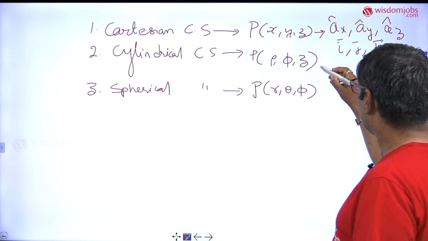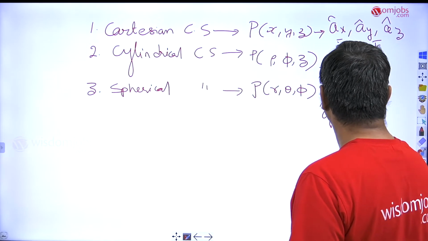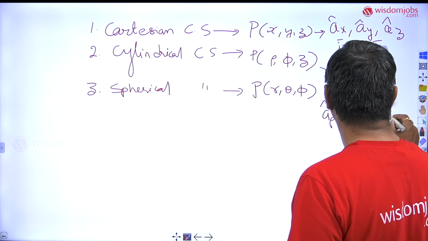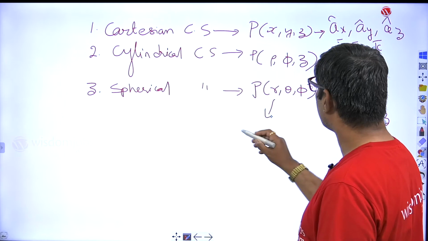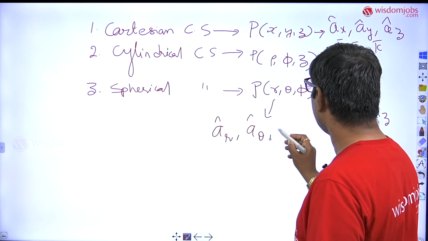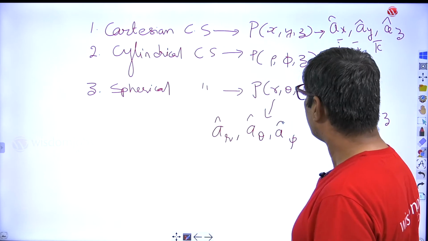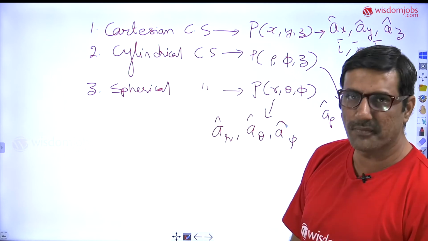Similarly, for the second coordinate system, the unit vectors are a rho cap, a phi cap and az cap. Next, in the third coordinate system, the unit vectors are ar cap, a theta cap and a phi cap. So these are the unit vectors in the three coordinate systems of point representation.